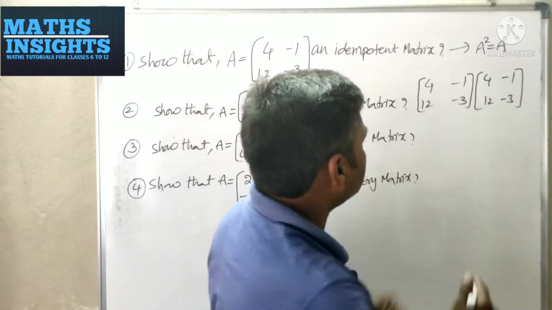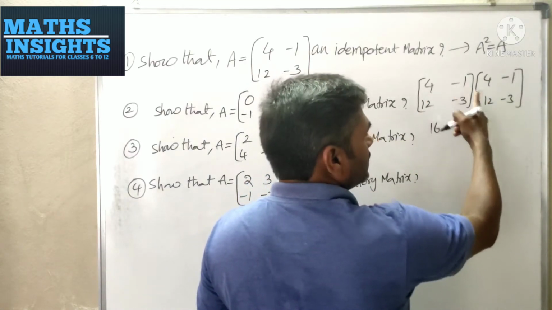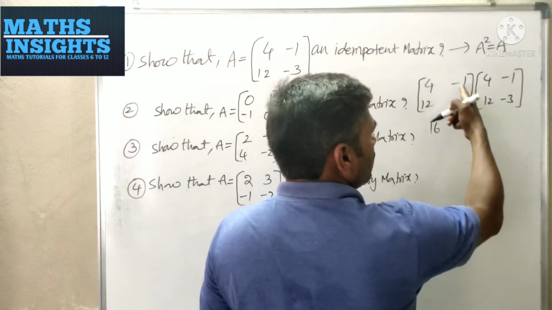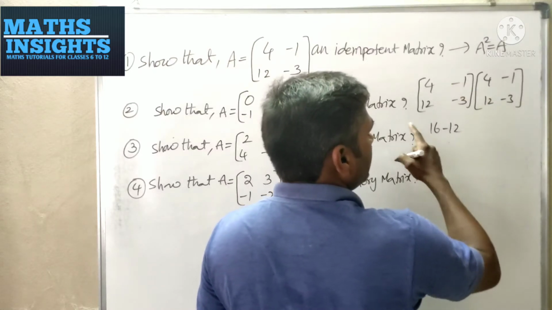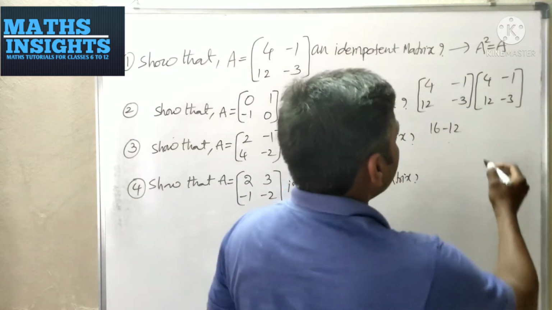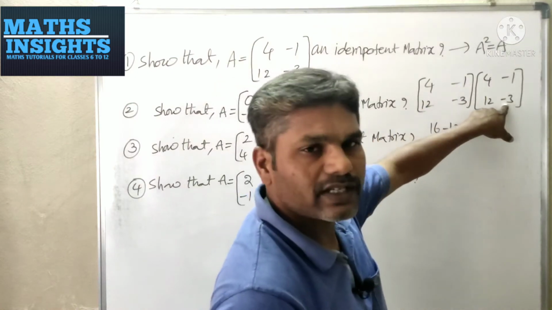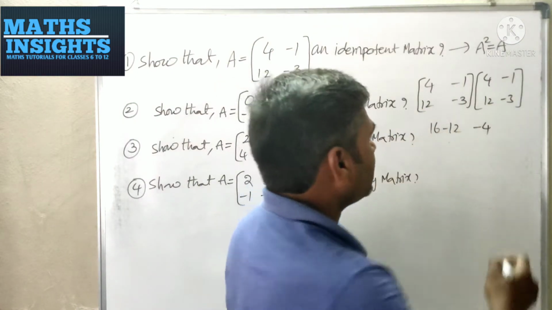So 4 4s are 16, right? And you have to move to the second element, here also second. 12 ones are 12, but minus is there, therefore minus 12. First row, second column, 4 into minus 1, this is minus 4. Okay, and minus 1 into minus 3, which will become plus 3.